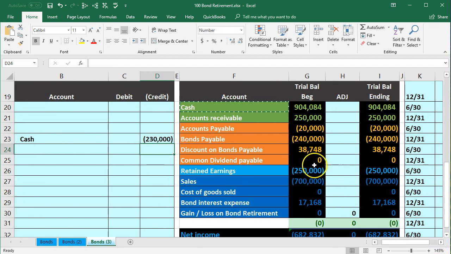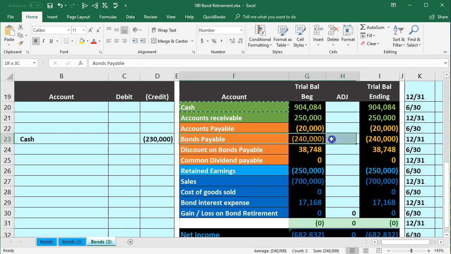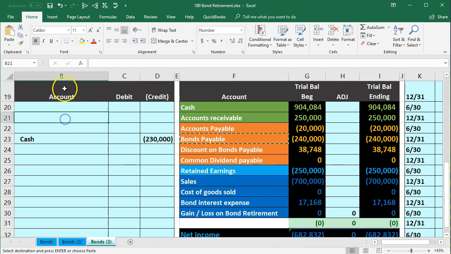So then we got to take the bond off the books. So we're going to retire the bond and the related discount. So whatever the bond is and the related discount, they need to go away. So we know that the bond is on the books for 240. So that's a credit. So we're going to do the opposite thing to it, a debit. So I'm going to right click and copy it. And I'm going to put that on B21.